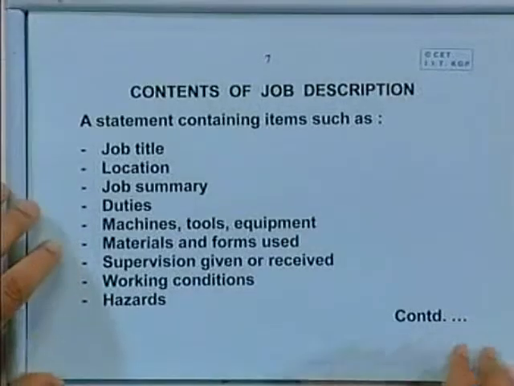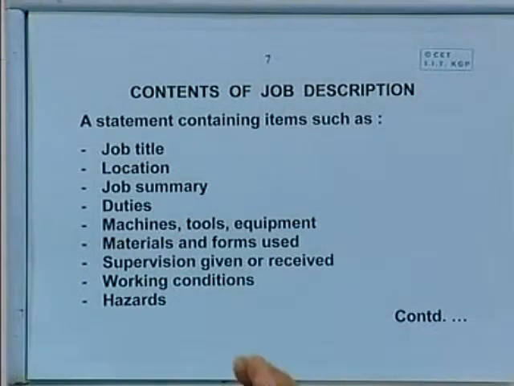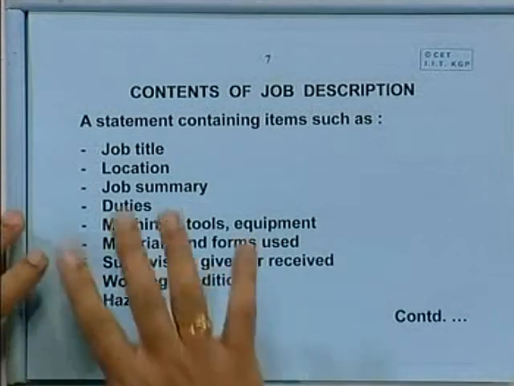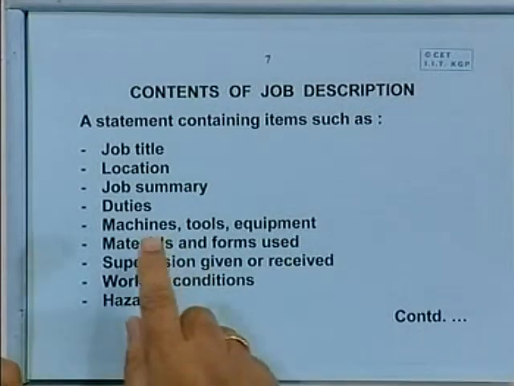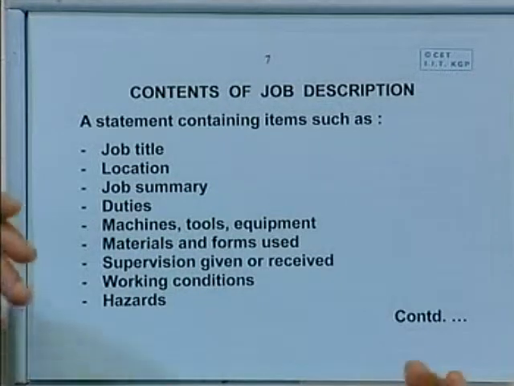So this is giving you, like I was trying to tell you, for a shop floor, a job description of a component. Here's a broader one. A statement containing items such as job title. The last one which I showed you was a job, meaning a work piece on the shop floor. This is a job, meaning the work to be done by an employee.